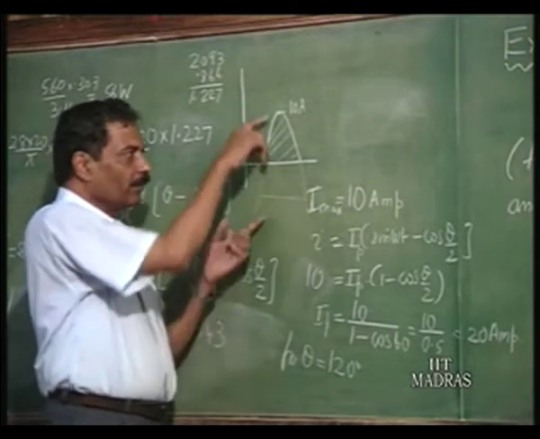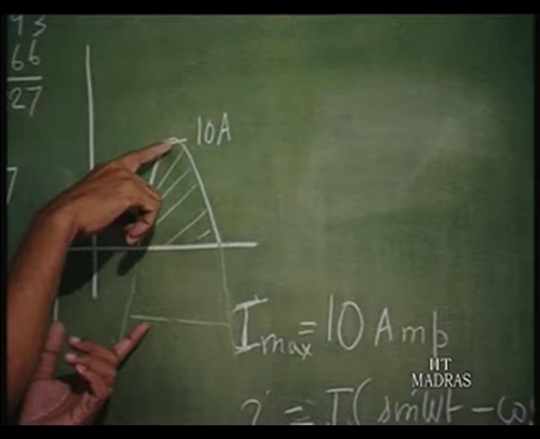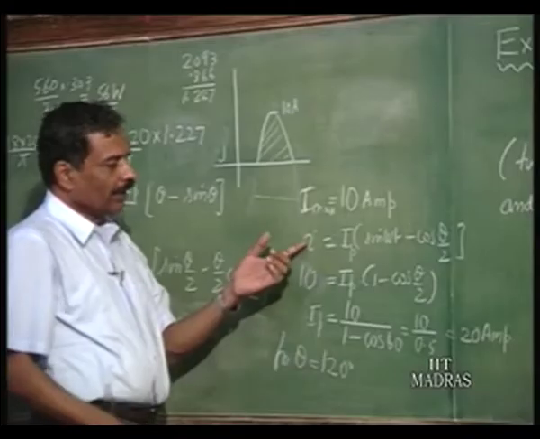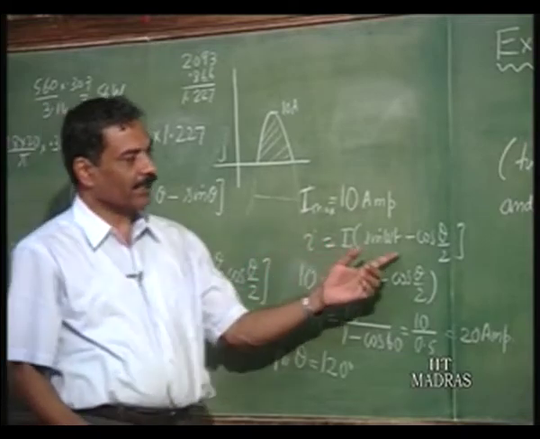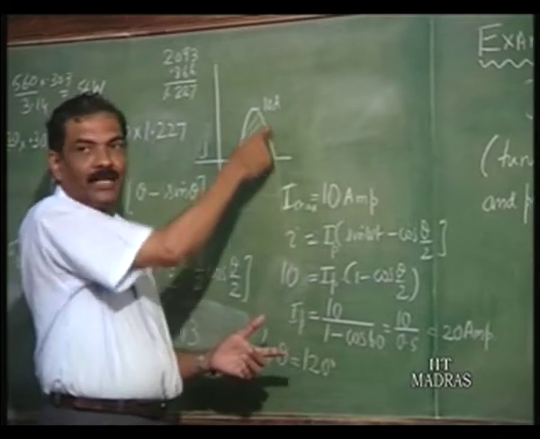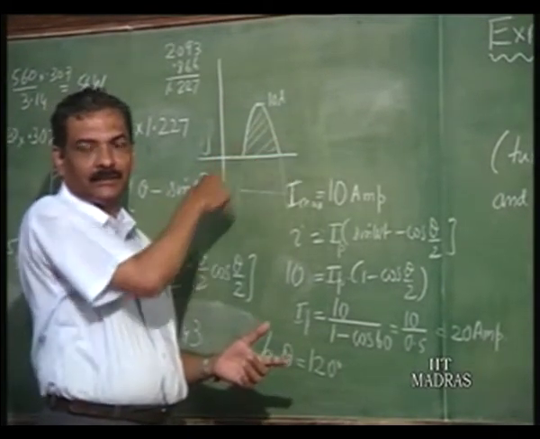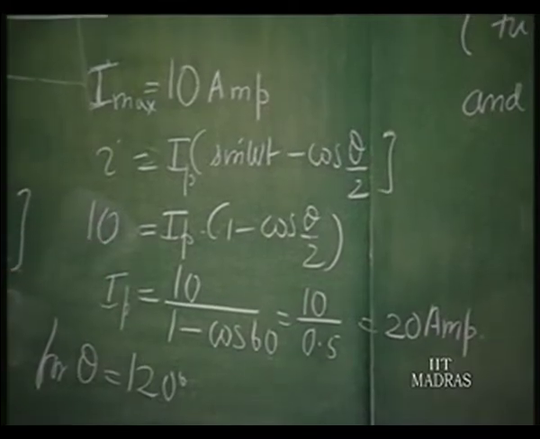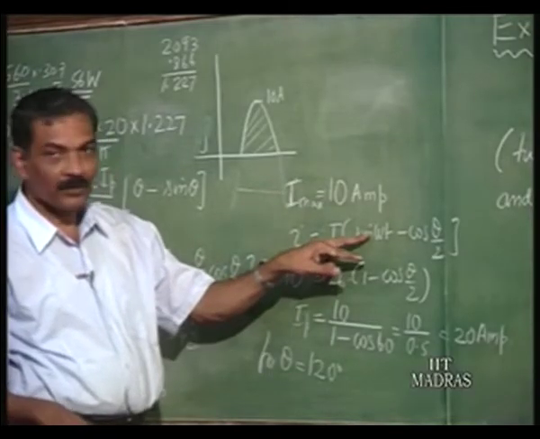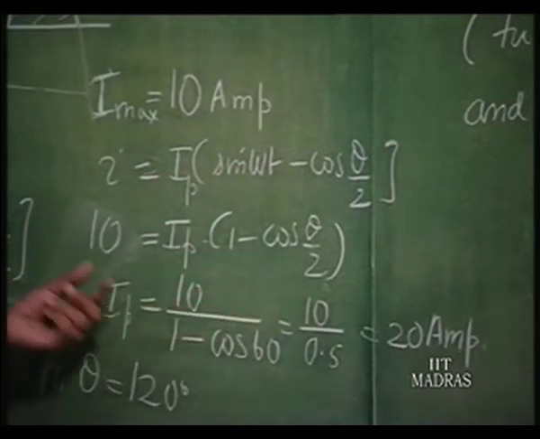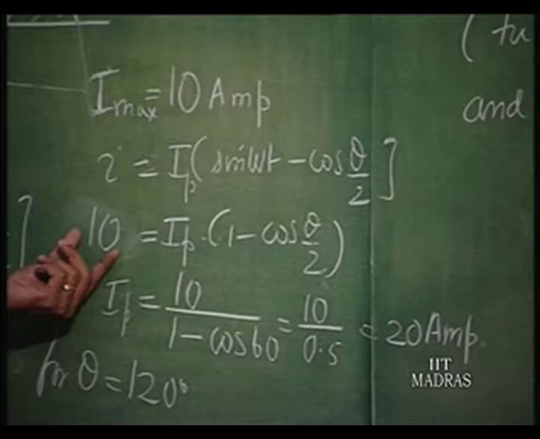So, we would like to know what the peak amplitude of the current is, of which this is a part. So, I is equal to I p sin omega t minus cos theta by 2 is the definition of the time waveform of the current, okay. And therefore, maximum occurs at this point, it is I p, this is happening when this is equal to 1 minus cos theta by 2 is equal to 10 amperes, that is fixed.